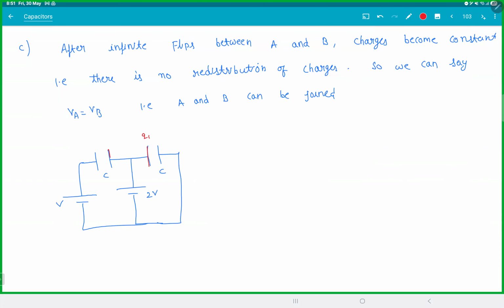Let this charge be Q2. Apply Kirchhoff's law here. This will be 2V minus Q1 by C, so Q1 will be 2CV. 2V minus Q2 by C minus V, so Q2 is equal to CV. These will be your final charges.